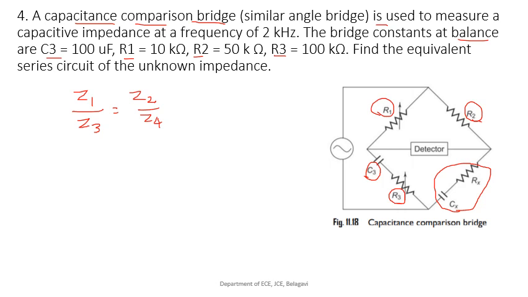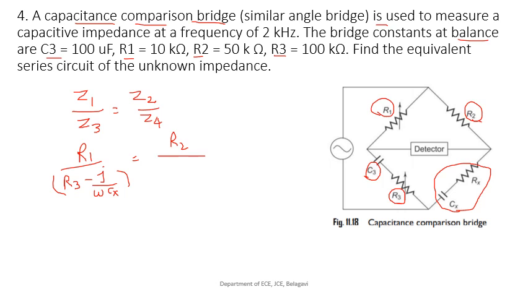In the first branch you have only R1, in the third branch you have R3. Then it is in series, so you write minus j divided by omega Cx, equal to R2 divided by the Cx and Rx value.